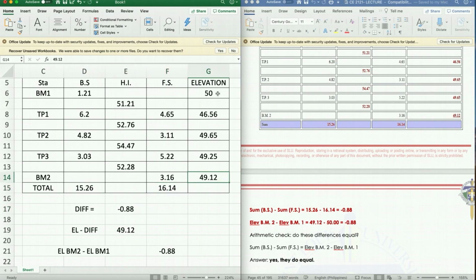BM2 minus BM1, you have the difference. And if they are the same, then your answer is correct.